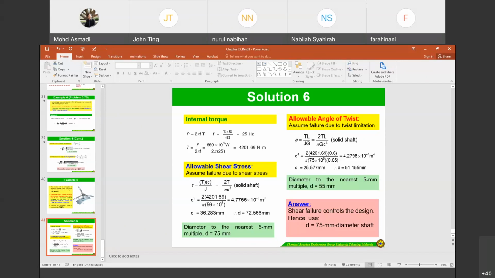So mechanic of materials chapter 1. This topic has 3 chapters, right? So chapter 1 covers CO4.